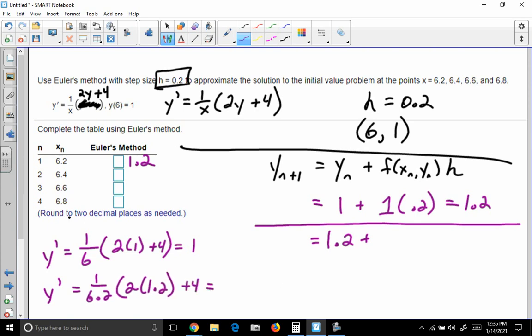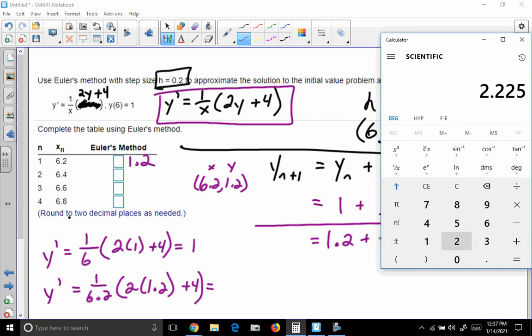And then we see what that makes. So again, our current point is 6.2, 1.2. We're going from there to get to the new point. To get our current slope, we substitute that x and that y into our formula that gives us slope. Our differential equation is solved for the slope. So put in for x 6.2, put in for y 1.2.